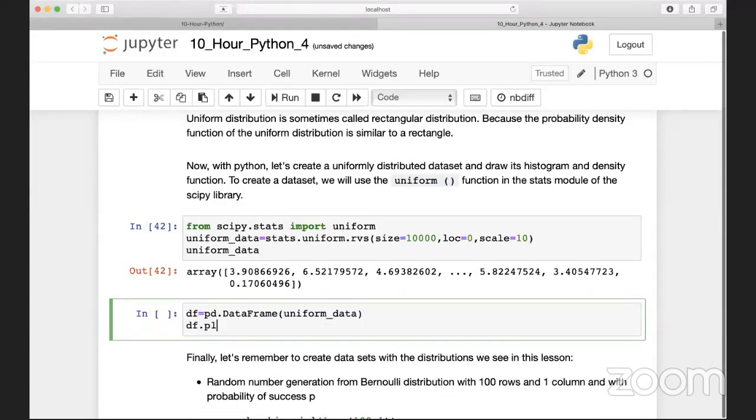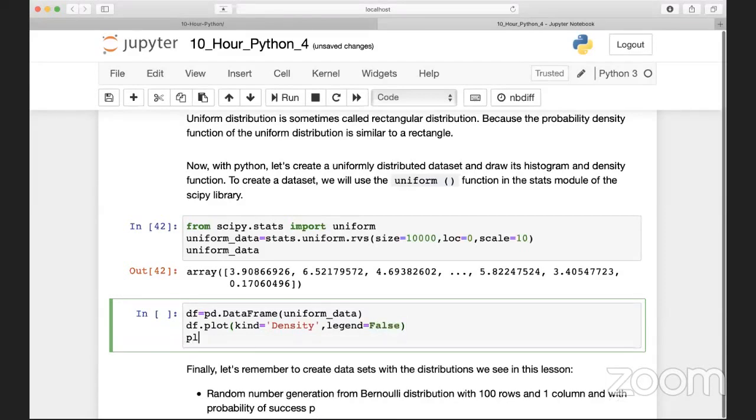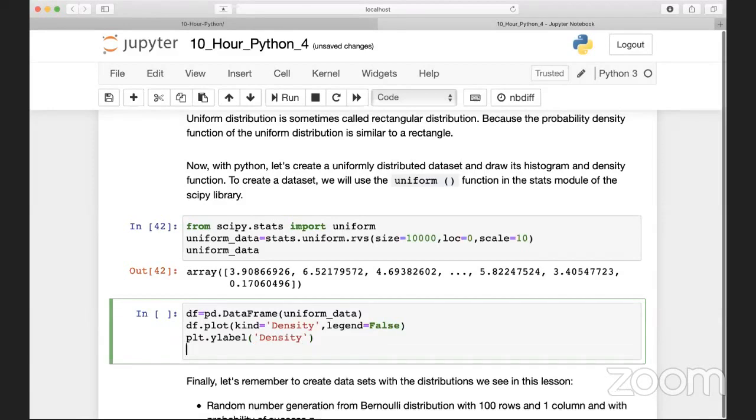And if you are going to use pandas line plot, you need to type the data first, df.plot, instead of plt plot. You can use plt here in this case, but I would like to show it to you because we did some examples about plt plot, but we didn't use the pandas library in terms of visualization. That's why I would like to show it. So ylabel is called density, right?